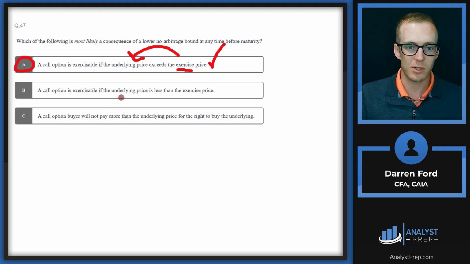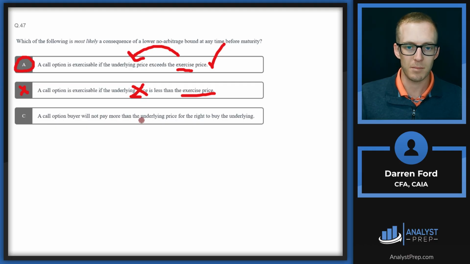B, a call option is exercisable if the underlying price is less than the exercise price. You would lose money under this scenario, so you would not exercise because you would be buying at a higher price than you could sell at. And C, a call option buyer will not pay more than the underlying price for the right to buy the underlying. This is not going to be accurate.